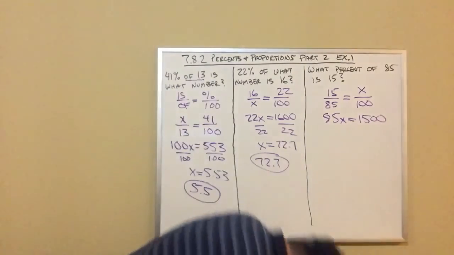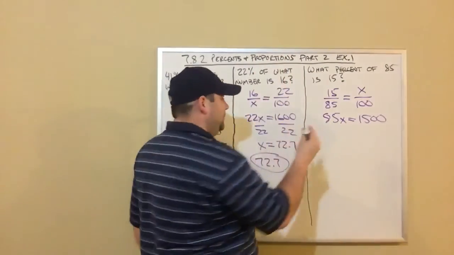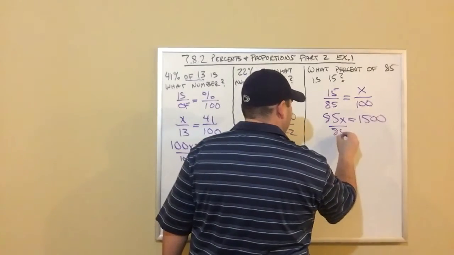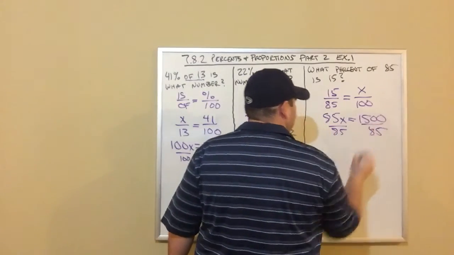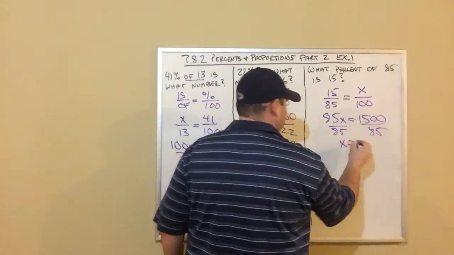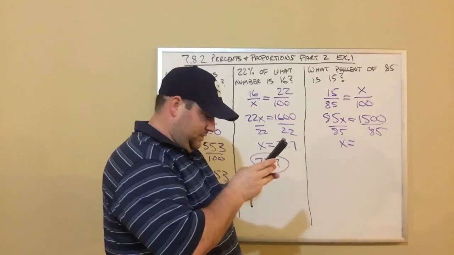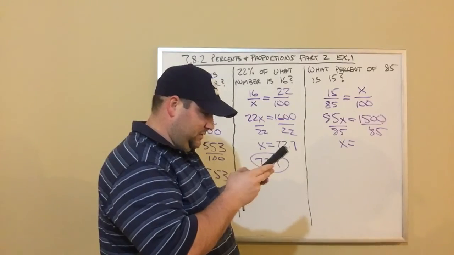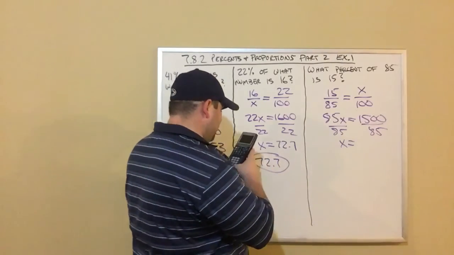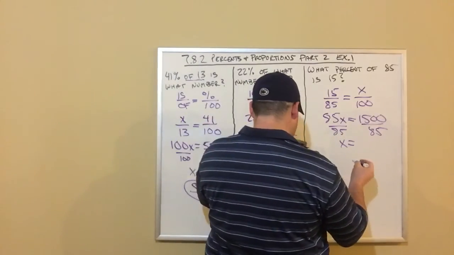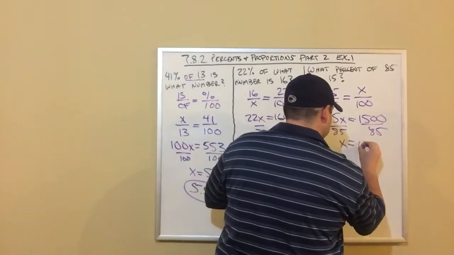Divide by 85. And I've got X equals whatever 1500 divided by 85 is. 1500 divided by 85 is 17.6.